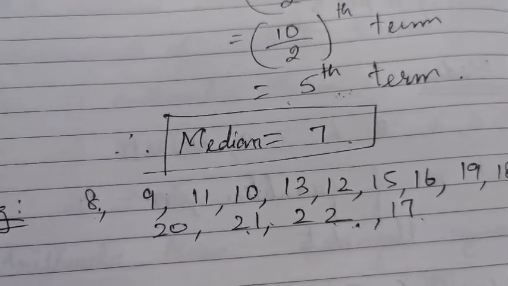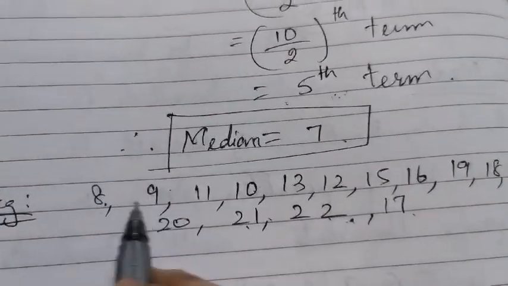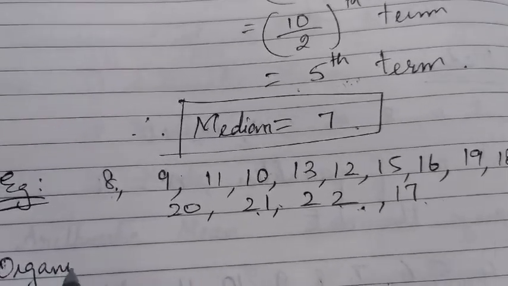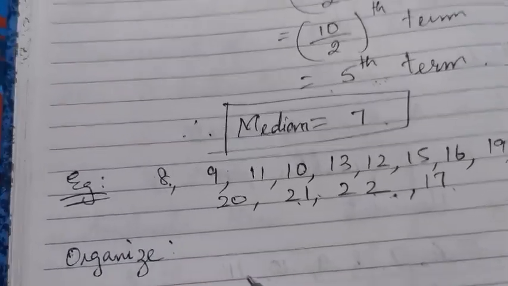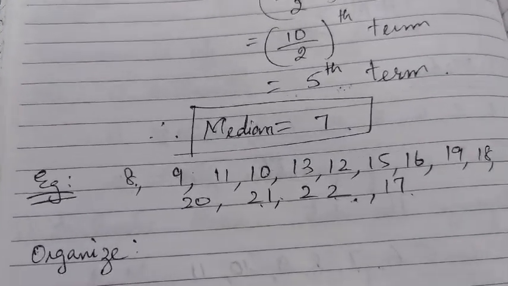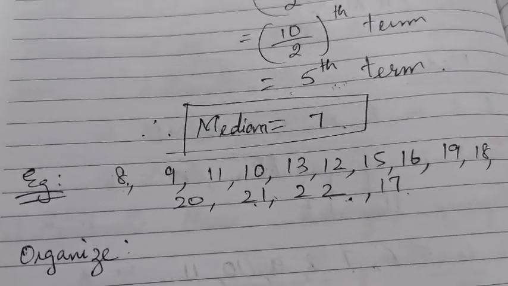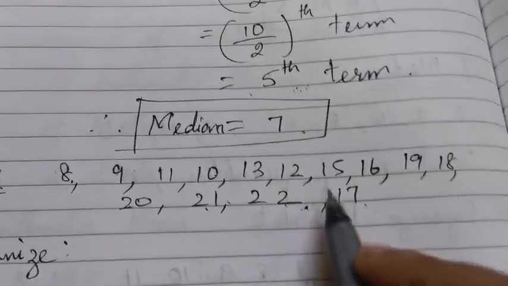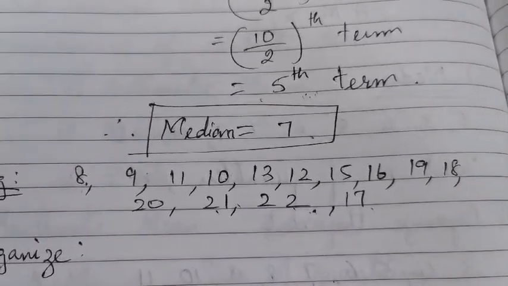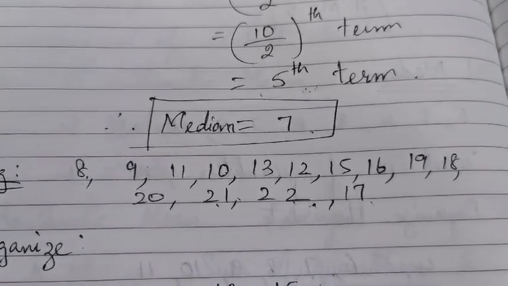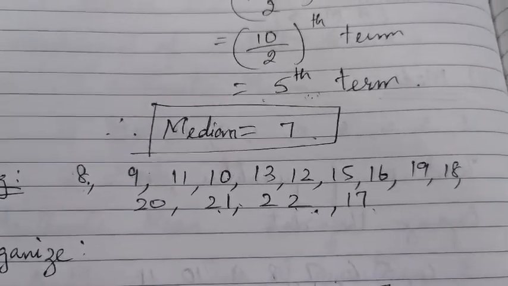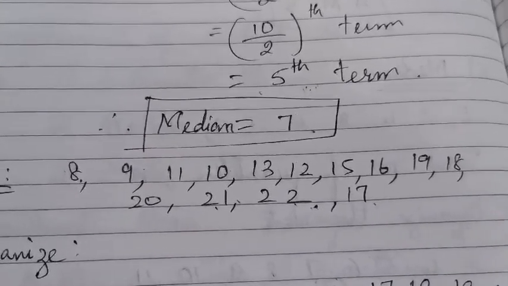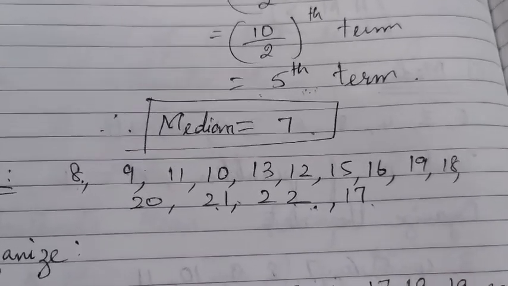Our first step is to organize the data in ascending order. It is not organized, so we will organize it. So 8, 9, 10, 11, 12, 13, 15, 16, 17, 18, 19, 20, 21, 22.